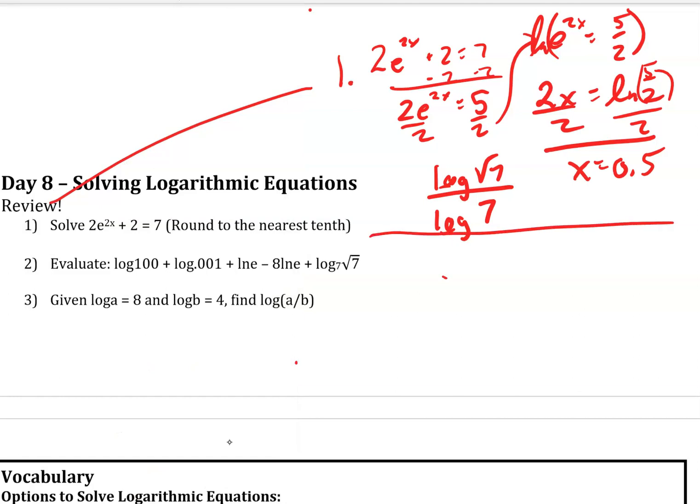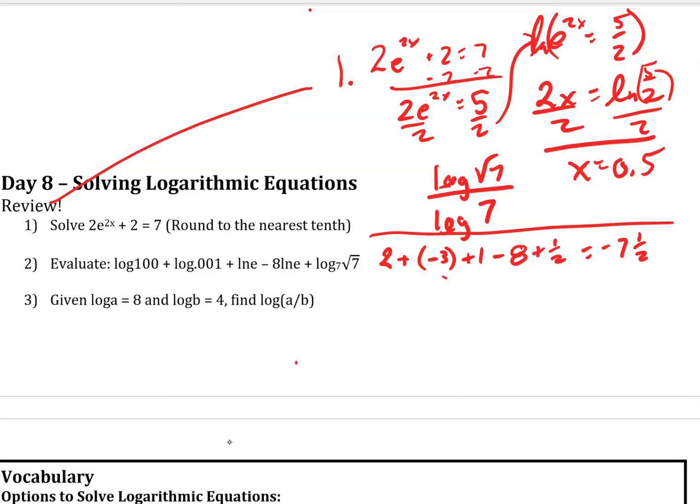We had the log of 100, which is 2, plus the log of 0.001, which was negative 3, plus ln of e, which was 1, minus 8 ln of e, minus 8, plus 1/2. So 2 minus 3 is negative 1, plus 1 is 0, minus 8 is negative 8, plus 1/2 is negative 7.5.